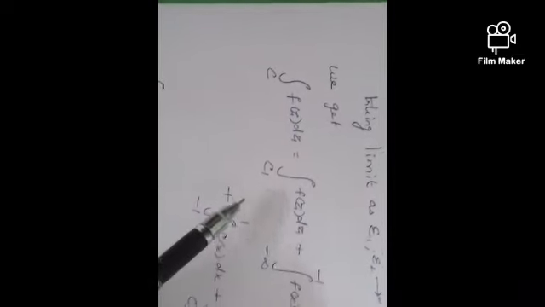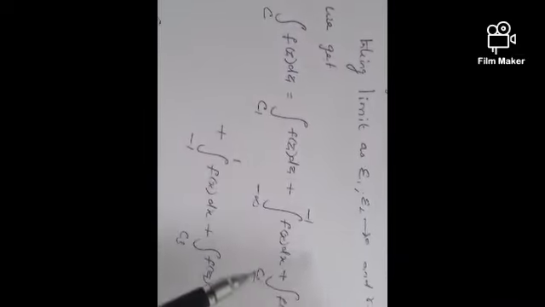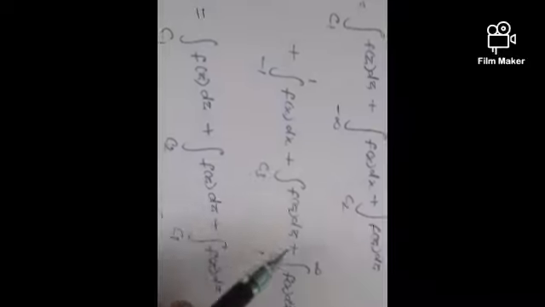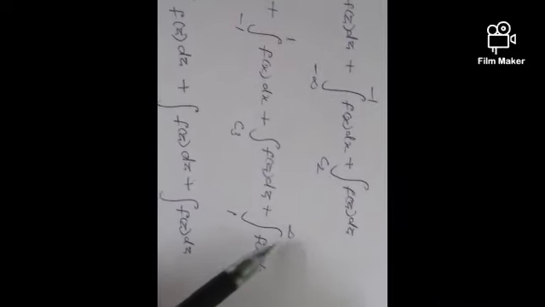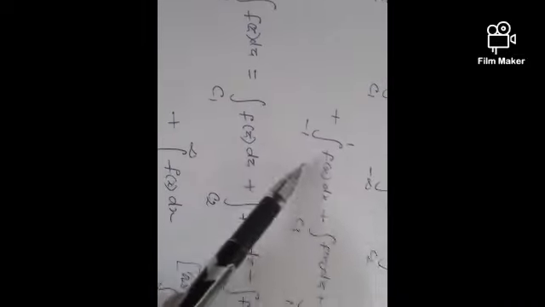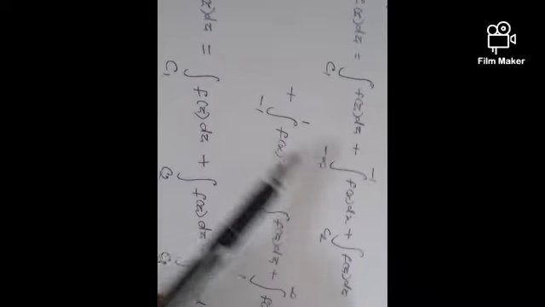Taking the limit as epsilon 1 and epsilon 2 tend to 0 and r tends to infinity, we get the integral over C of f(z) dz equal to the integral over C1 of f(z) dz plus the integral from minus infinity to minus 1 of f(x) dx plus the integral over C2 of f(z) dz plus the integral from minus 1 to 1 of f(x) dx plus the integral over C3 of f(z) dz plus the integral from 1 to infinity of f(x) dx.